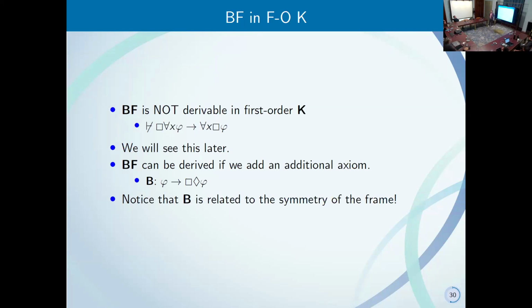So now it's just a claim that I cannot derive it. We will see it's actually not derivable in the system. It may, although, be derivable if we add some more properties to the modal operator. For example, if we add axiom B, which says phi implies box diamond phi, which is the accessibility relation symmetry, we would derive the Barcan formula. And so it doesn't have to be always added. It depends on how strong the modal logic is.